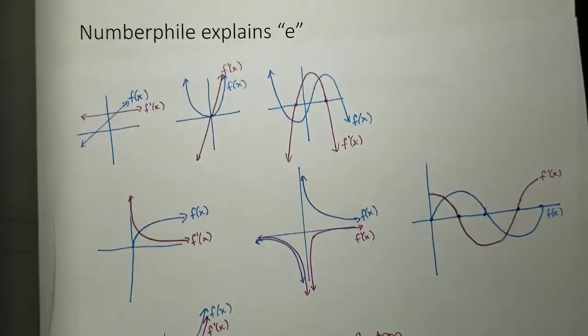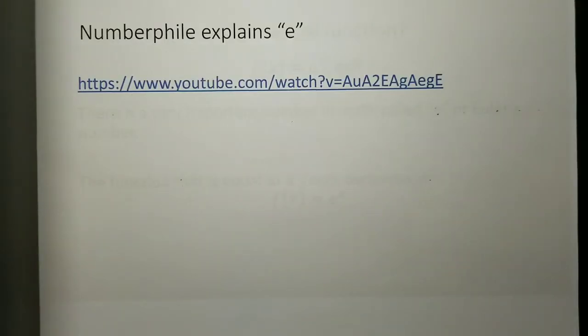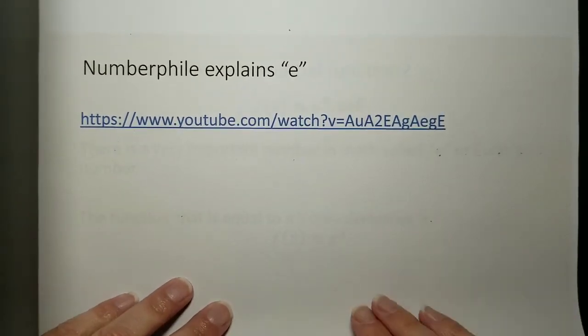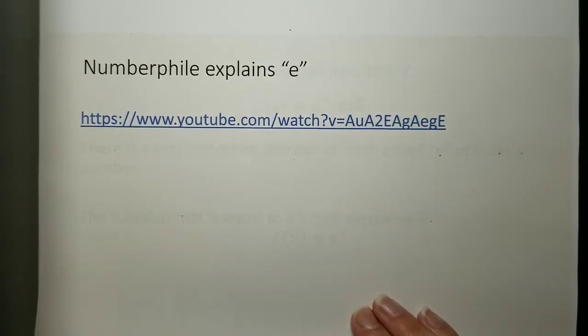I won't get into too much of it, but I will link a bunch of videos. So these videos will be linked in the outline if you want to take a look. There is this special number. It's an irrational number like pi, and it's called e.